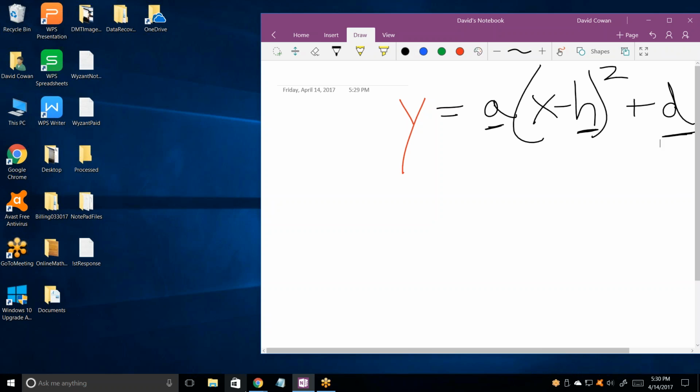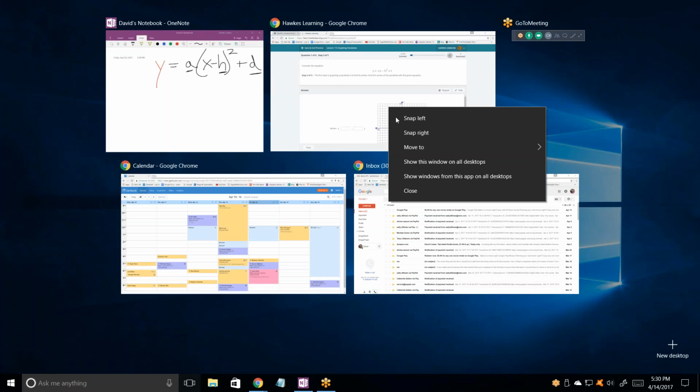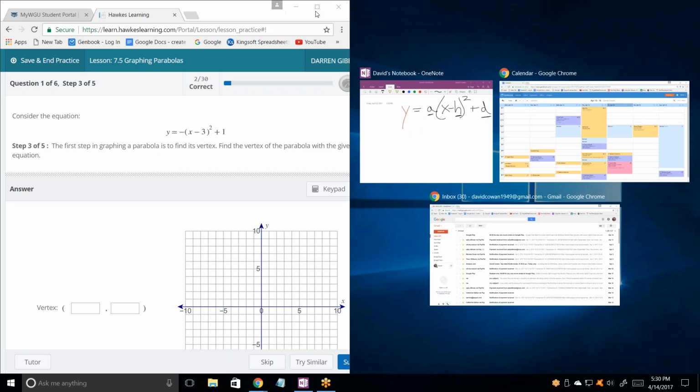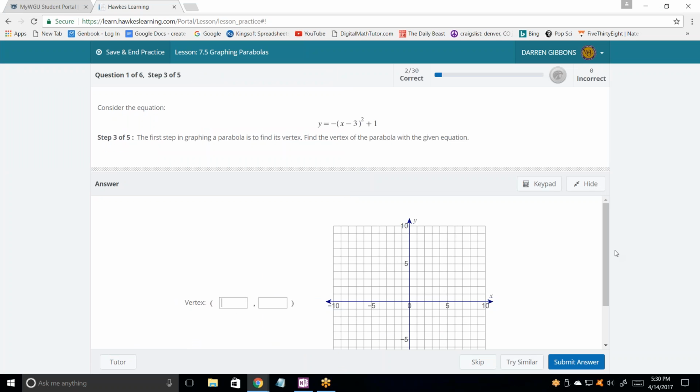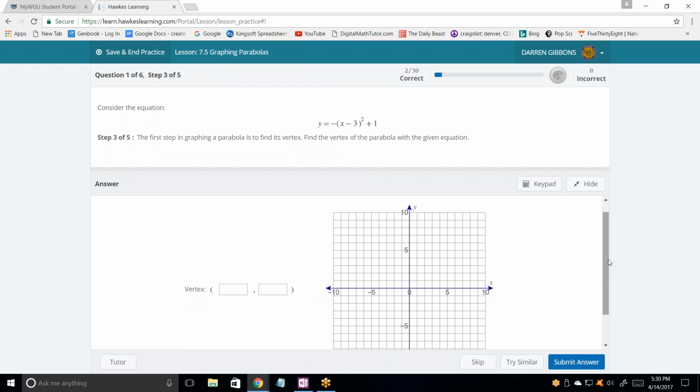Well, what are they giving us here? Positive 3, negative 1? Positive 3, it's a horizontal shift, 3 units to the right. And this plus 1 is a vertical shift up. Now, it's worth knowing that shifts do not change the shape of the curve, ever. Stretches and shrinks do, but shifts do not.